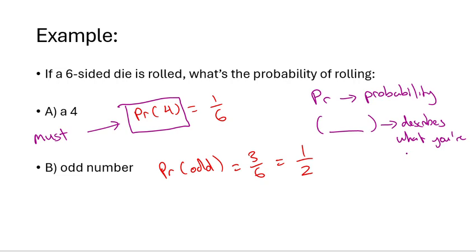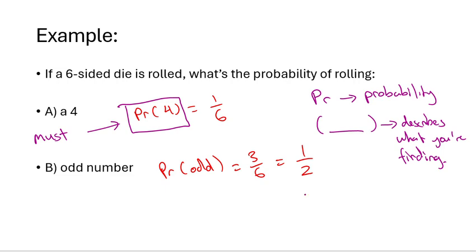So in this case, I have what's the probability of me rolling a 4? As you can see, I wrote PR brackets. And then what's my description that I'm trying to find? I'm trying to find if a 4 is being rolled. And then obviously you just do your number of favorable outcomes over the total number of outcomes there are, and you just put it in. Do not write your final answer just as a fraction. Please make sure that you write PR, the description of it, and then you write your fraction, okay?